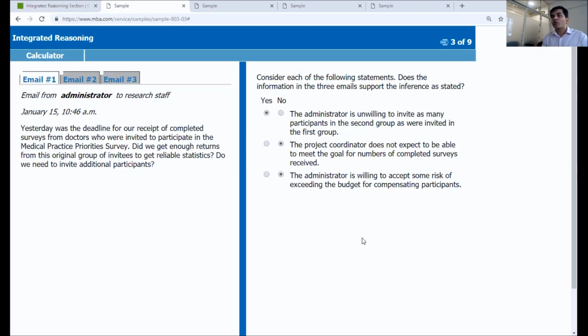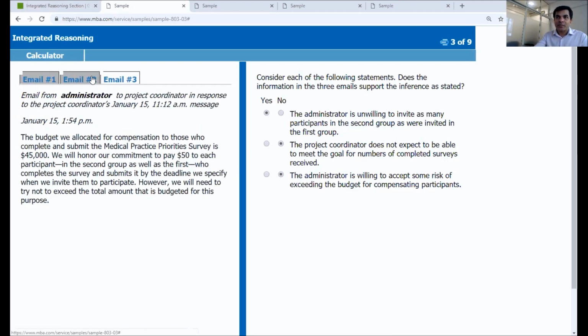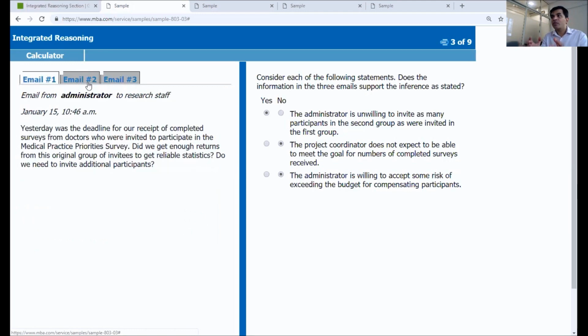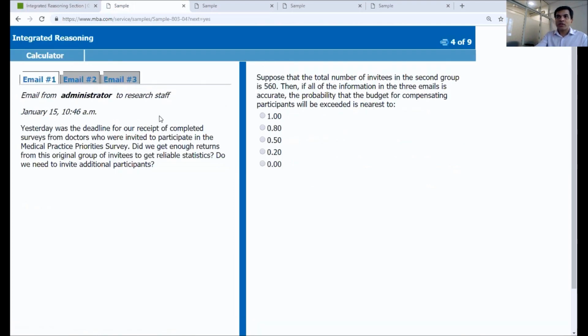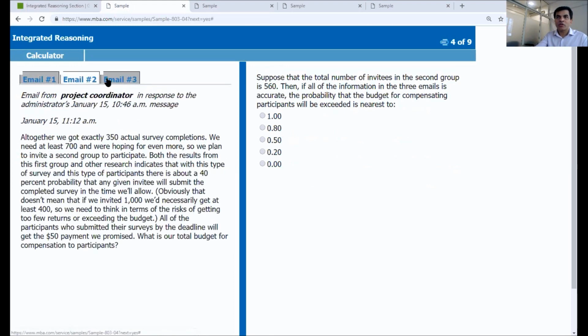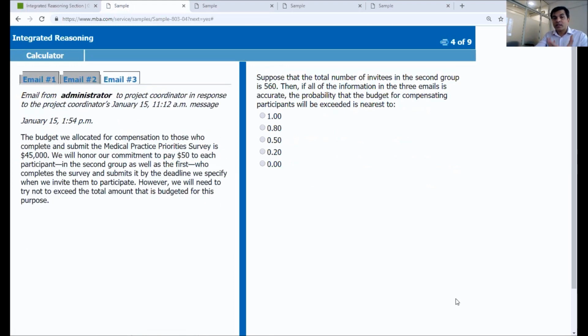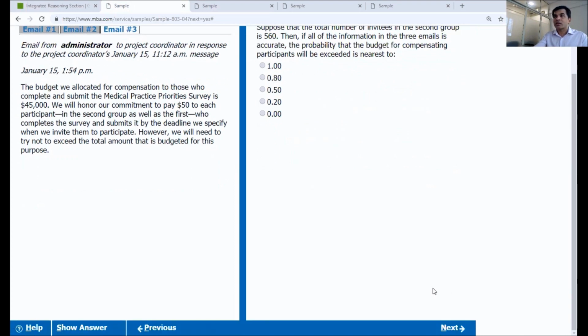The good part about multi-source reasoning is that for the same set of tabs, in other words, for the same information, you usually get three proper questions, and this is one of them. This is another question which is based exactly on the same information that we just saw. So this is counted as yet another question, and similarly there will be a third.